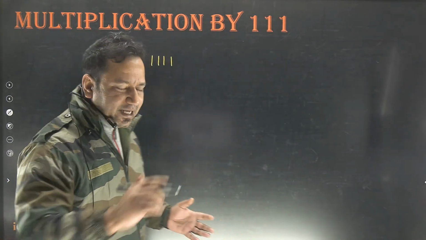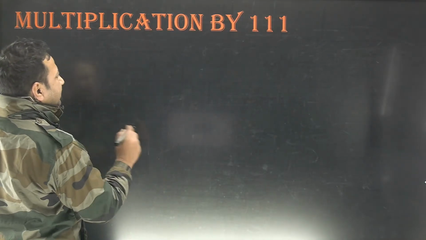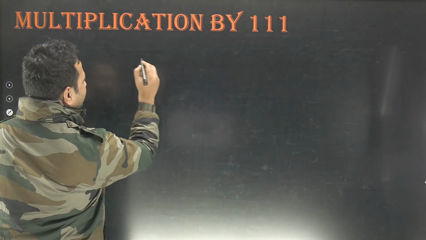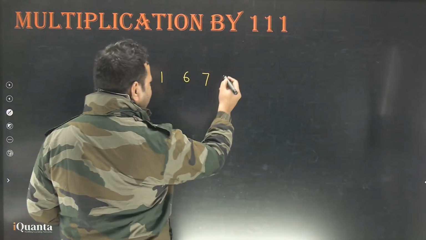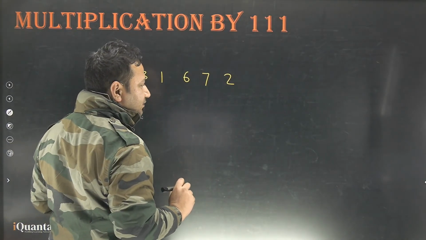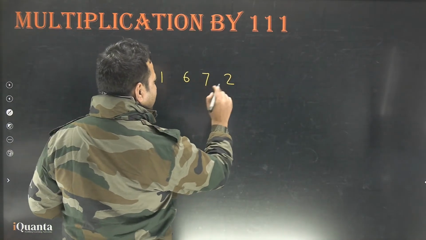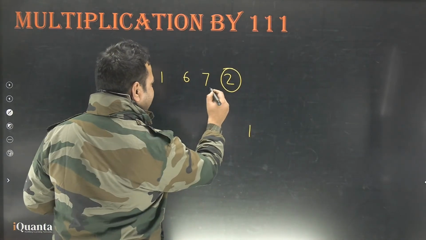Right, you got that? But I'll give one more example, like some people are still confused. Let me give one more example. Let's say the digits are 3, 1, 6, 7, one more I'll take, 2. Need to multiply by 1, 1, 1. So what is the pattern? Now understand this clearly. Can we choose 1 digit from the rightmost side? Yes, we can. 1 digit. Then we can choose 2 digits.